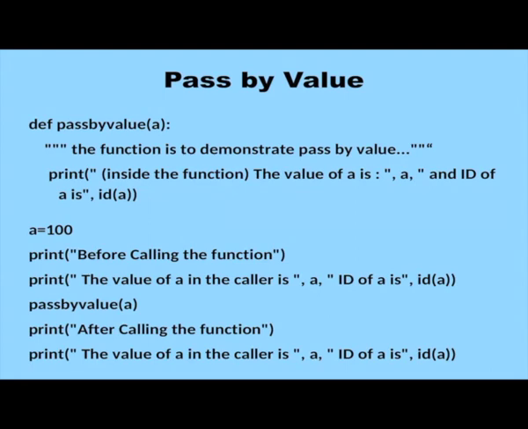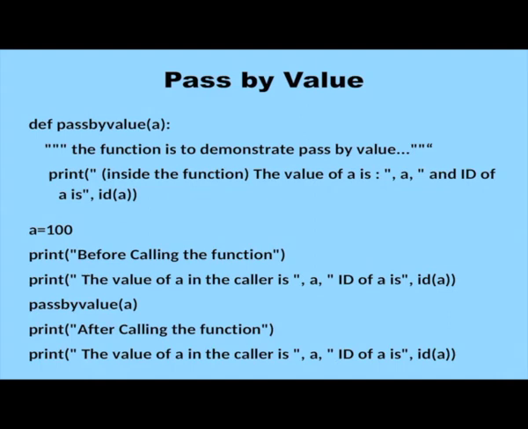So, here we have a function called pass by value which takes an argument. In the calling script, we have an integer object having value 100. Before calling the function, we are trying to print the value of a and the corresponding ID. Then we call the function by passing the value of a, and inside the function again we print the value of a and its corresponding ID.